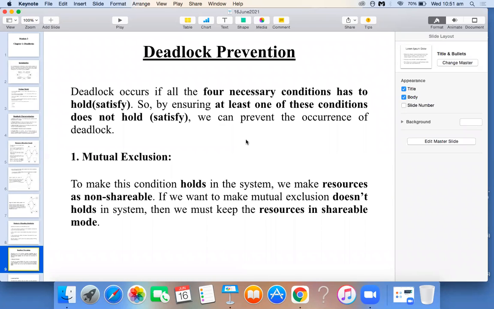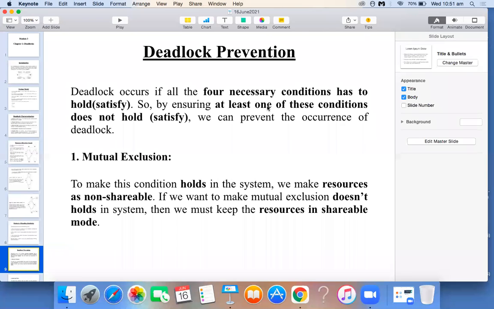What are the four necessary conditions for deadlock occurrence? Mutual exclusion, hold and wait, no preemption, circular wait. Yeah, right, correct. So these are the four necessary conditions which have to occur in our system. Then only we say our system is under deadlock state.